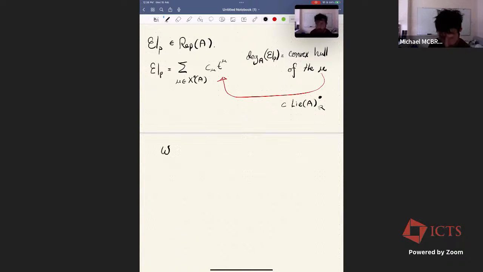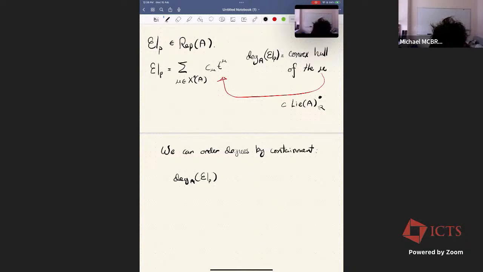So we can order these degrees by containment. So for the degrees, which are polytopes, if one polytope is contained inside the other, then we say that the degree is smaller.